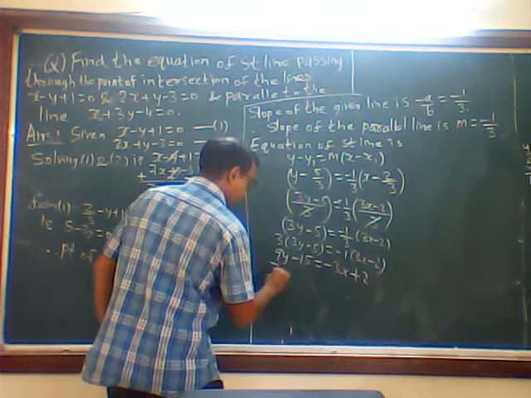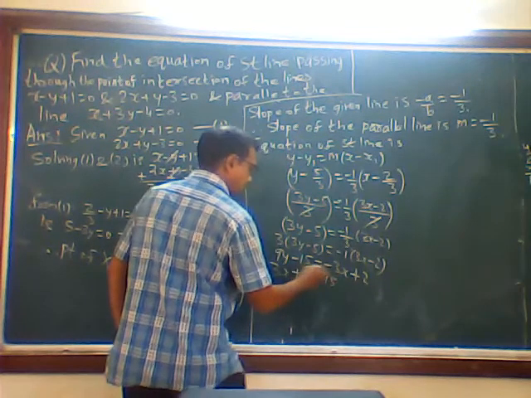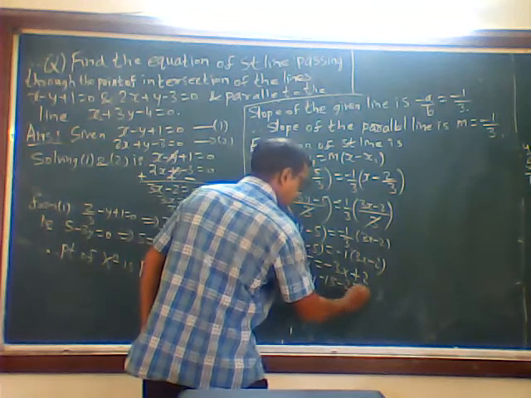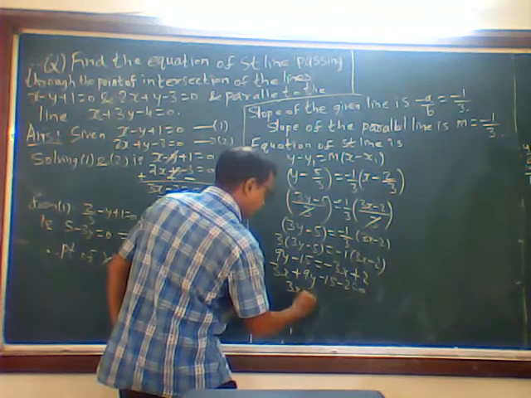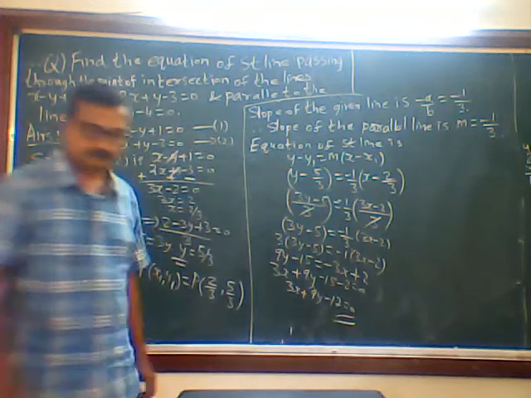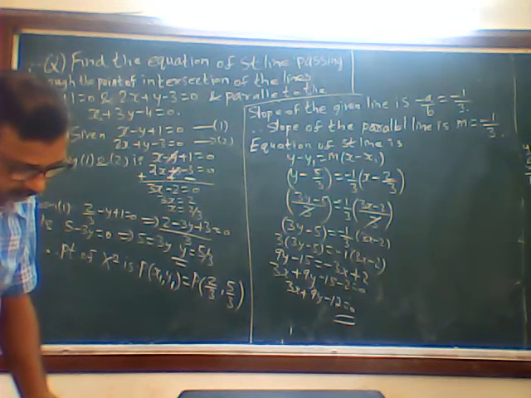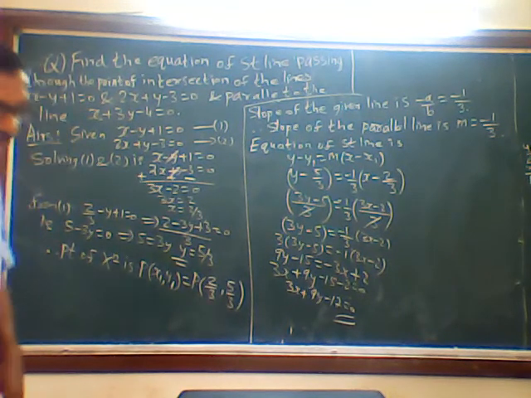Minus 3x will come here as plus, and 9y minus 15 minus 2. So 3x plus 9y minus 17 is equal to 0. That is the 11th problem. Yeah, 3x plus 9y minus 17 is equal to 0.